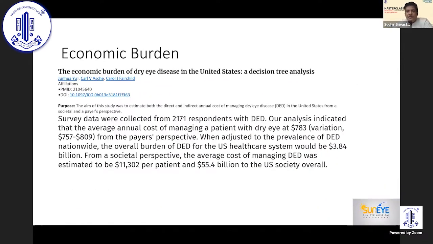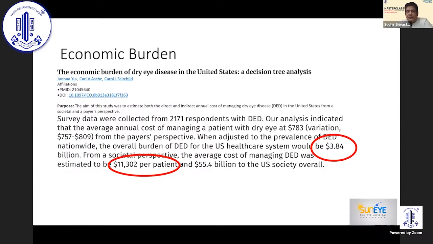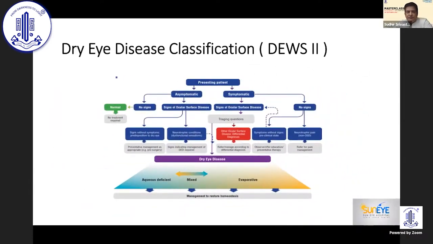Regarding the economic burden, unfortunately we don't have Indian data, but US data says approximately 3.5 billion dollars is spent by US healthcare to maintain the ocular surface, which comes to approximately $11,000 per patient. So it's a huge economic burden on patients. We can understand that India would have a similar burden, though we don't have the data.